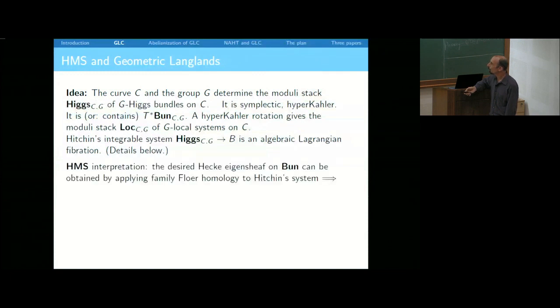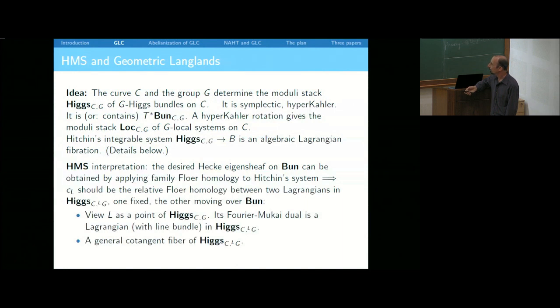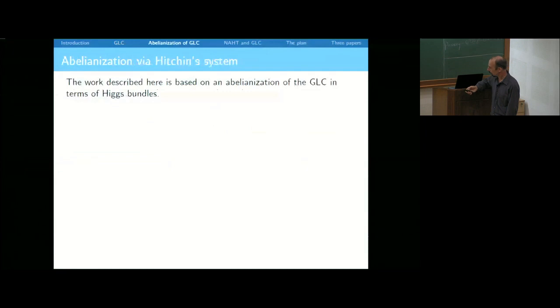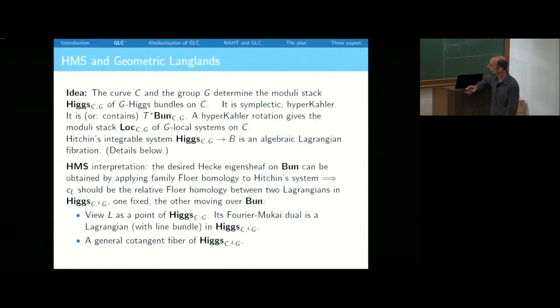Anyway, the homological mirror symmetry interpretation is that the desired Hecke eigensheaf on Bun can be obtained explicitly by applying family Floer homology to the Hitchin system. So let me say it and then I'll write it on the board. The automorphic sheaf that we're looking for, call it CL, should be realized as the relative Floer homology between two Lagrangians in Higgs.